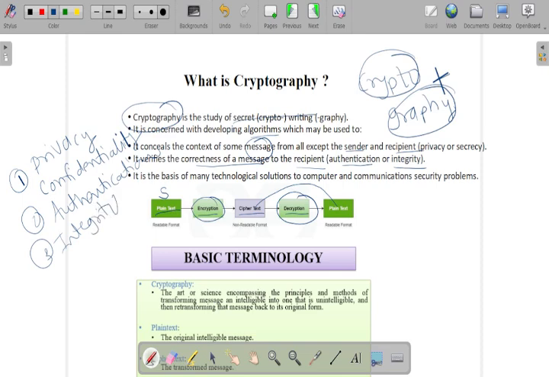We can say our system is secure when we follow the CIA traits, that is confidentiality, integrity and availability. So cryptography is nothing but writing our data in a secret format with the help of different algorithms.